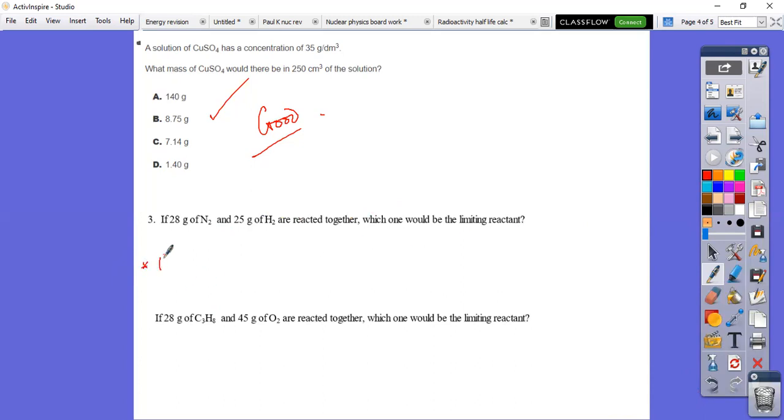Would I find the moles first? How much of the excess reactant is left at the end of the reaction?